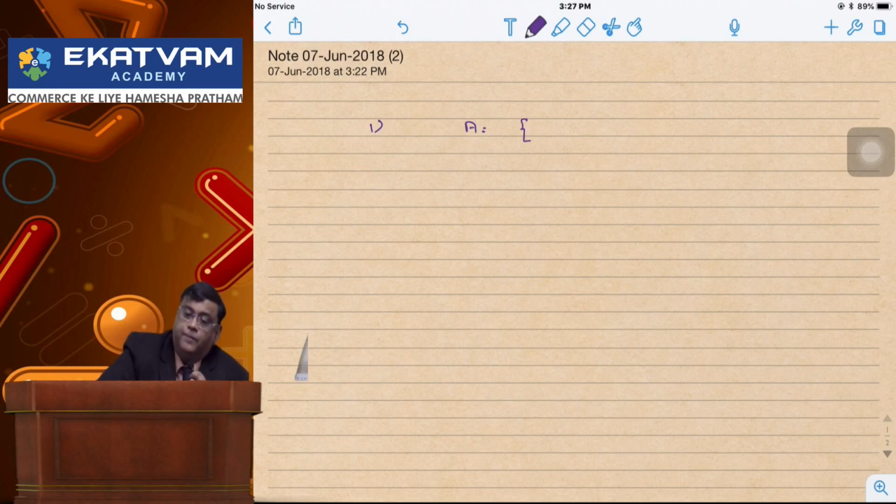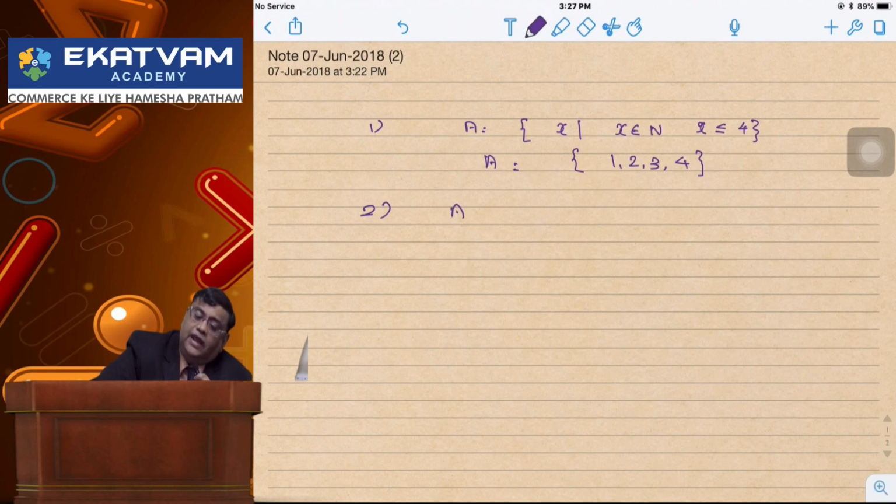Suppose I say A is x such that x belongs to the natural numbers, x is less than or equal to 4. Then tell me, same set A will be equal to what? When I put x equal to 1, 2, 3, 4, because these are the natural numbers, you will get the listing or roster method. That is the method of listing.